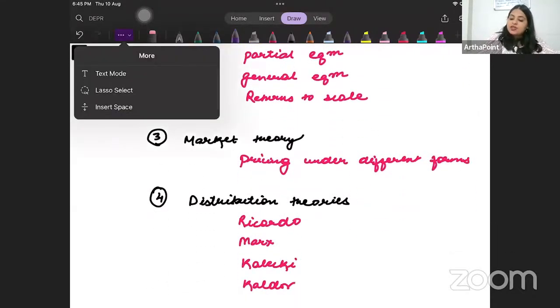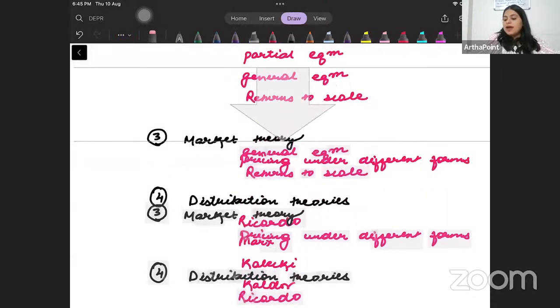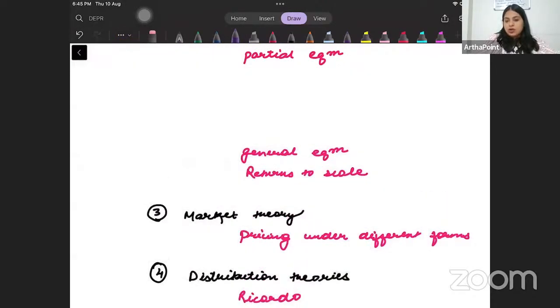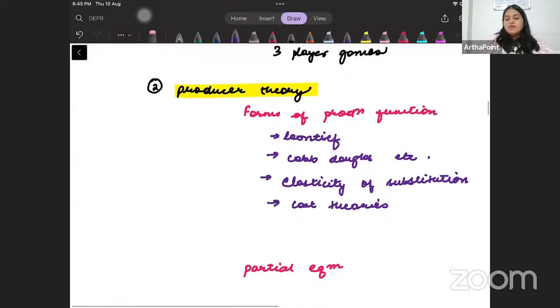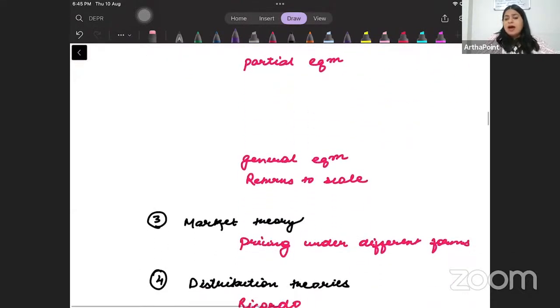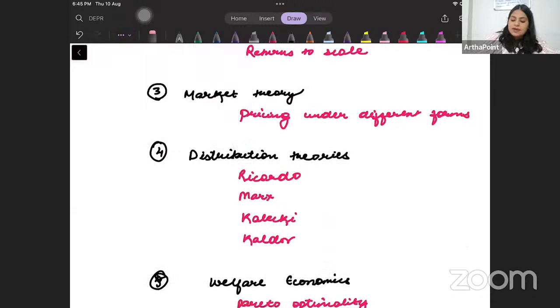Next comes partial versus general equilibrium. But I don't consider partial and general equilibrium as part of the producer theory. It is demand and supply together that determine the equilibrium. So you should be aware of the demand and supply equilibrium. You should be aware about the equilibrium in the different markets also actually. ठीक है, but वो market theory में आ गया, तो इसी को मैं यहाँ पे connect कर देती हूँ.